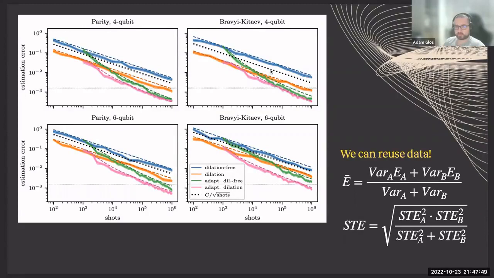It will probably be exponential in the number of qubits, but keep in mind that the number of qubits is fixed. This is against the number of shots.